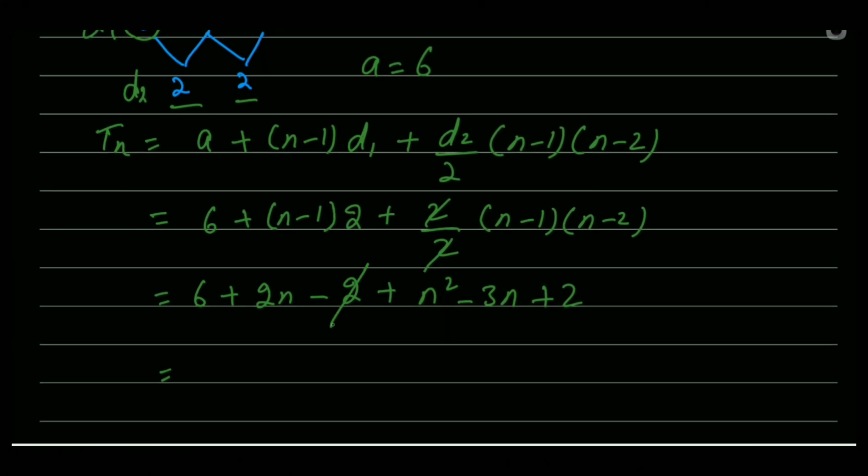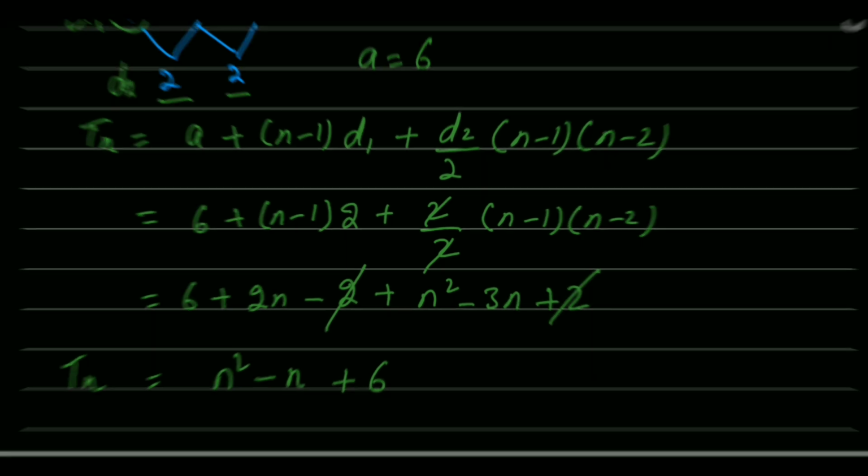Plus 2 and minus 2 will be cancelled, and you get n square minus n plus 6. So this will be the final answer. This will be the nth term of that quadratic sequence.